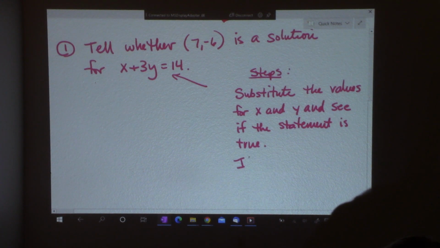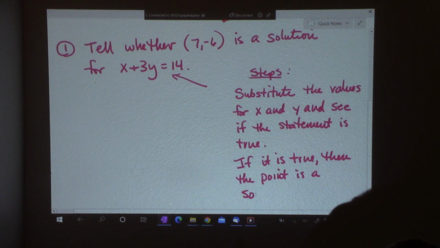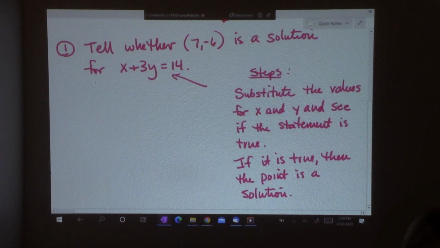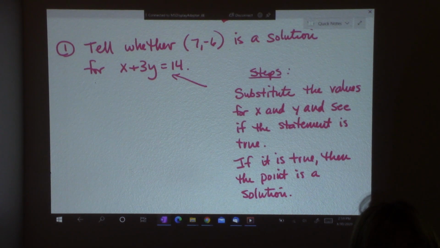If it is true, then the point is a solution. Okay? I know sometimes I write kind of fast, so if you ever have to pause it, feel free to do that, and take your time. I want you guys to all understand this, okay?